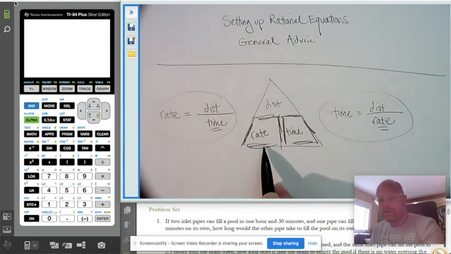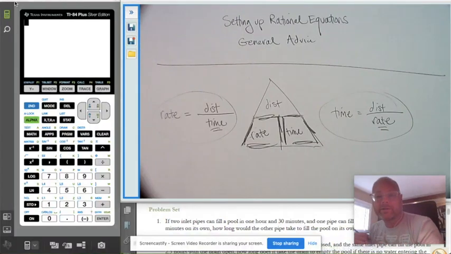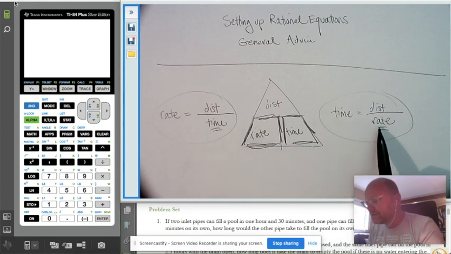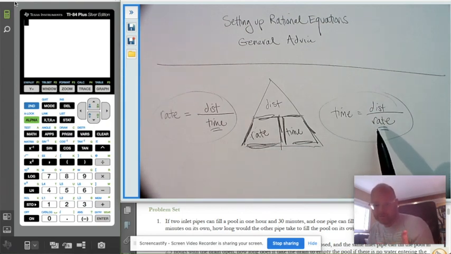So if you're trying to solve for a rate, pick the equation where rate is in the denominator. So basically, if you're going to be solving for a rate, then you're going to want to set up your equation in terms of adding or subtracting times together.